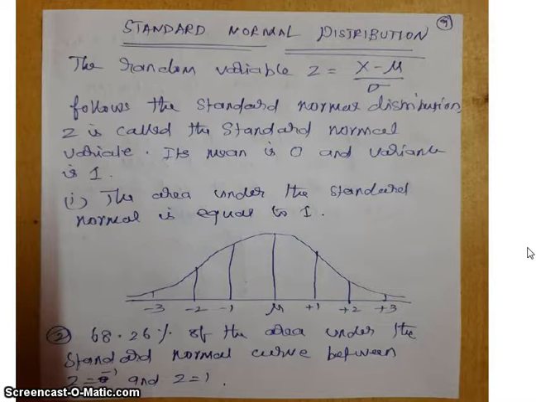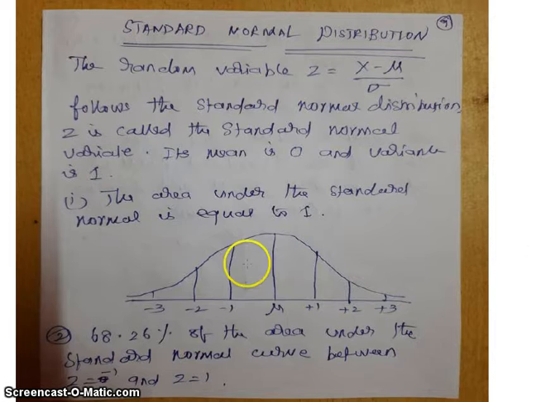Its mean is 0 and variance is 1. The area under the standard normal distribution or normal curve is equal to 1.